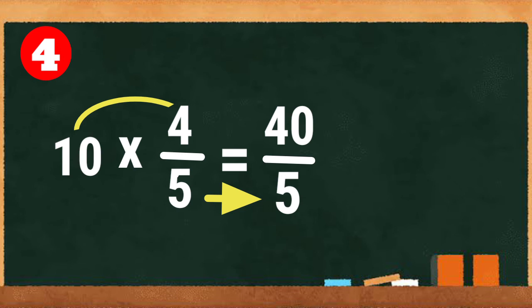No. So let's proceed to step number 3, which is express the answer to lowest term. So we are going to divide the numerator by the denominator because our answer here is an improper fraction. So 40 divided by 5 is 8 without remainder. So your final answer here is 8.